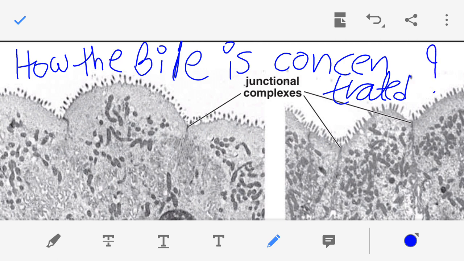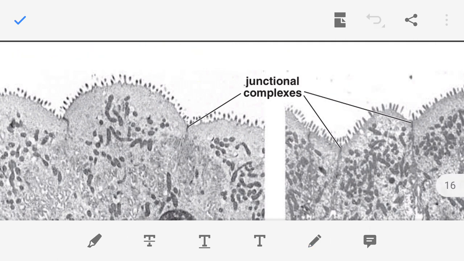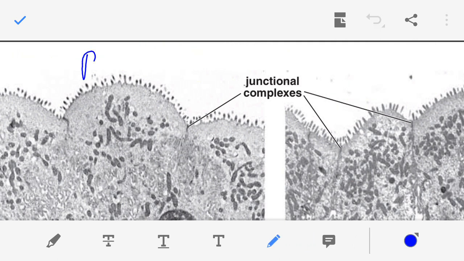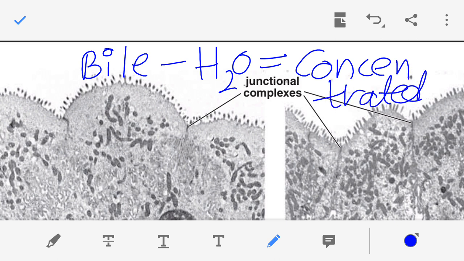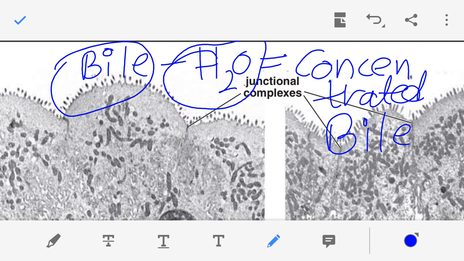This is the question. Now what is concentration? Bile minus H2O is equal to concentrated bile. That means removal of water from bile, then this bile is going to be concentrated.